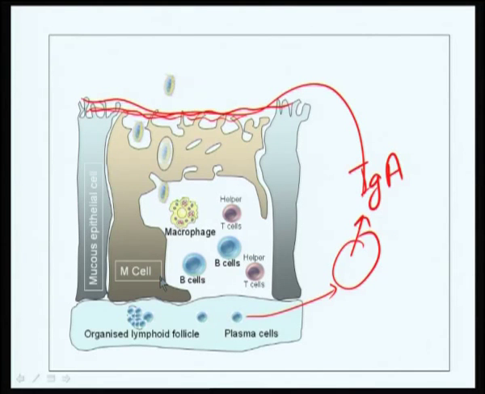And then of course, you have other kinds of lymphoid tissue, like the cutaneous associated lymphoid tissue associated with the skin, which has keratinocytes, and other kinds of lymphocytes similar to what are called the intraepithelial lymphocytes.